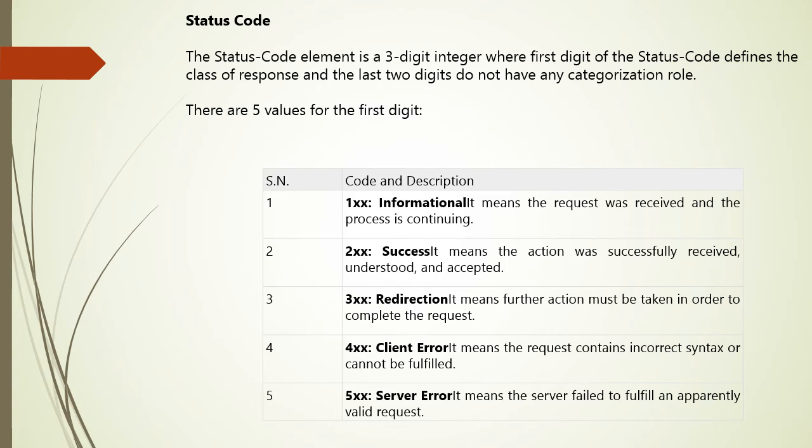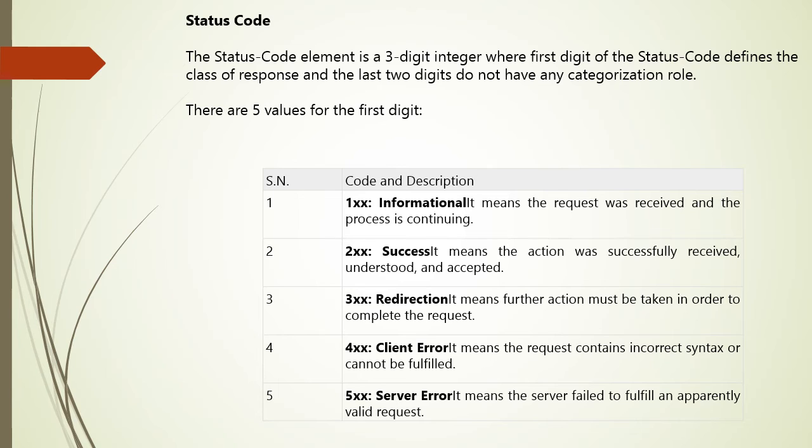So the first code is 1xx, which is informational. It means the request was received and the process is continuing. Second, 2xx, that is success. It means the action was successfully received, understood and accepted.